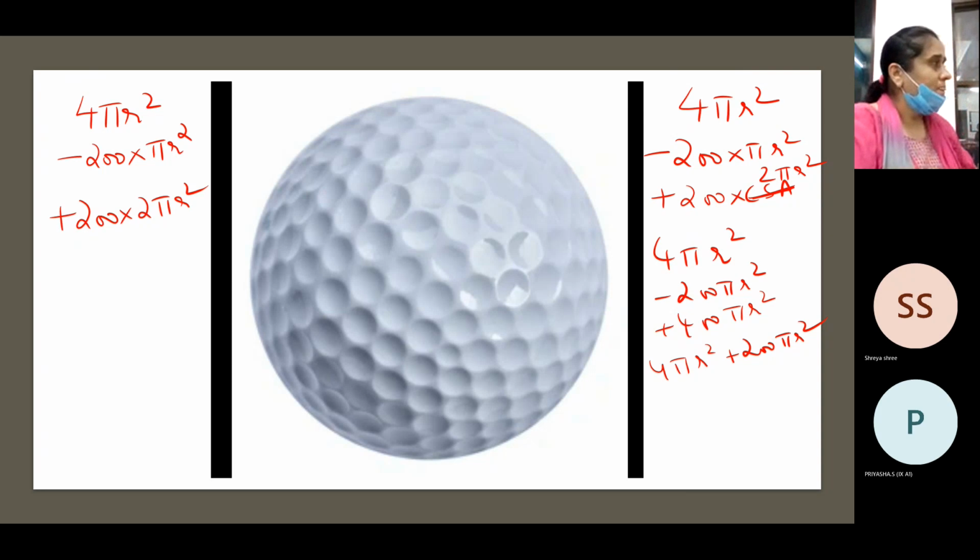Is that part okay? But in reality, because of the hemispheres, there are 200 circles, and on the circles, there is no material. So 4 pi r square minus the area of the 200 circles.